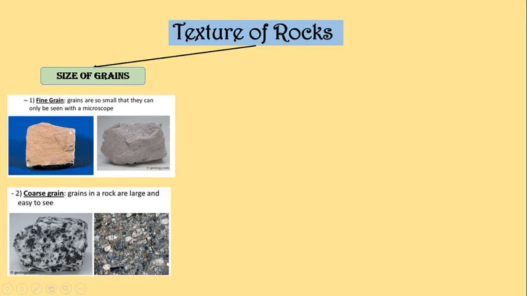Jadi kita bisa lihat ini. Kalau pada gambar pertama batuannya butiran-butirannya sangat halus, sedangkan pada bagian gambar yang kedua dia memiliki butiran-butiran yang besar-besar. Jadi kita bisa melihat batu itu. Butirannya tersusun atas mineral atau butiran-butiran yang besar dan bisa terlihat dengan pandangan mata seperti biasa.